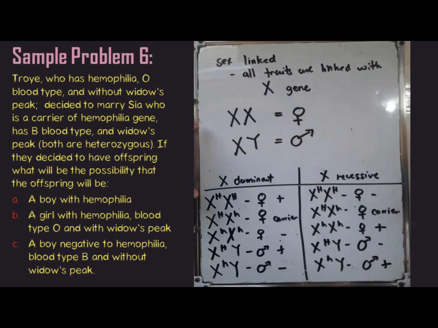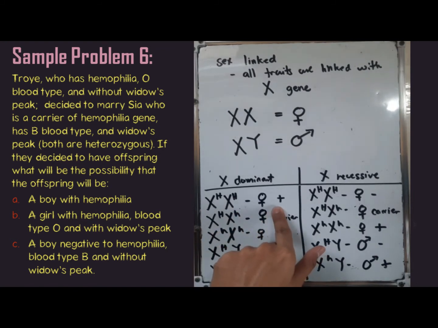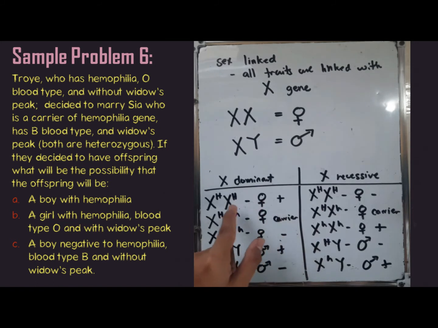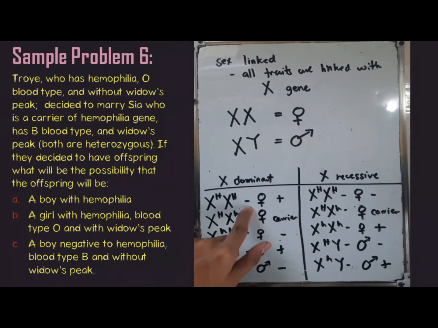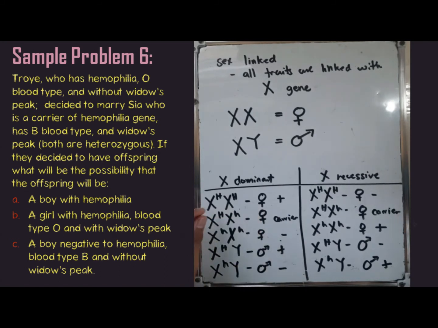So for instance, if a trait is an example of an X-dominant trait and the person is a female, for that female to be positive, she should possess homozygous dominant for this X-dominant trait. For instance, the condition known as hypertrichosis, or the Wolfman syndrome, is an example of an X-dominant trait. Then, females would manifest this characteristic if it is present in their genes as homozygous dominant.